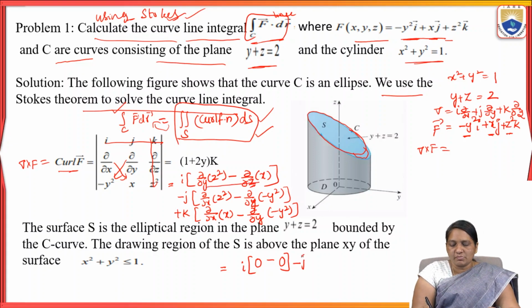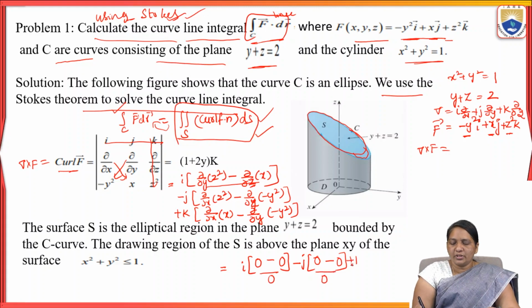Next, minus j into del by del x of z squared. We already know about partial differentiation, right? When you are doing it with respect to x, z is treated as a constant, so that is 0. Minus del by del z of minus y squared is also 0. So the first term is 0, the second term is also 0.